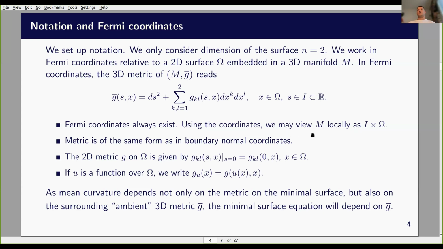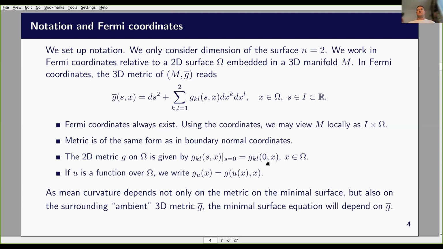And by using these coordinates, we may view this three-dimensional manifold M locally as I times this surface omega. If you know what boundary normal coordinates are, then you will see that this form of the metric is exactly the form of the metric in boundary normal coordinates. About notation, the two-dimensional metric during this talk will be G without the bar, and from this Fermi coordinates formula, G is given by these G_kl components, so the matrix components, when you put S to 0.